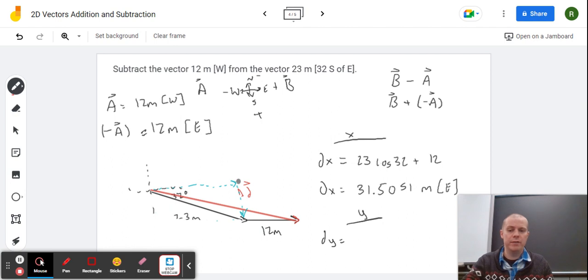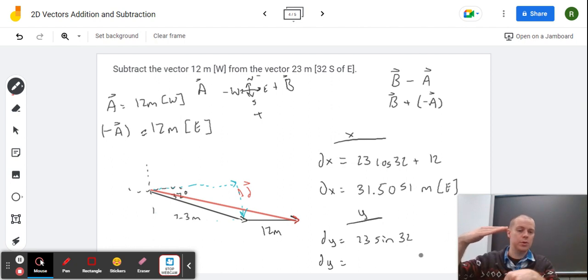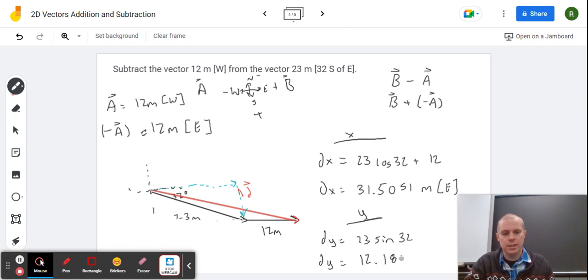And for y, I only have one y component. Only one of these has a y vector that goes down. So it's going to be 23, and it's opposite of the 32, so that's going to use sine of 32. And there's nothing else to add here, okay? Because this one only has a horizontal component, so its vertical component is 0. So 23 sine 32 is going to give me 12.1881 meters south.